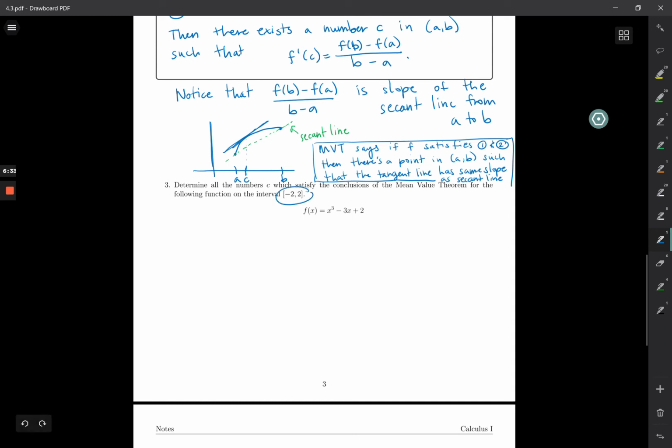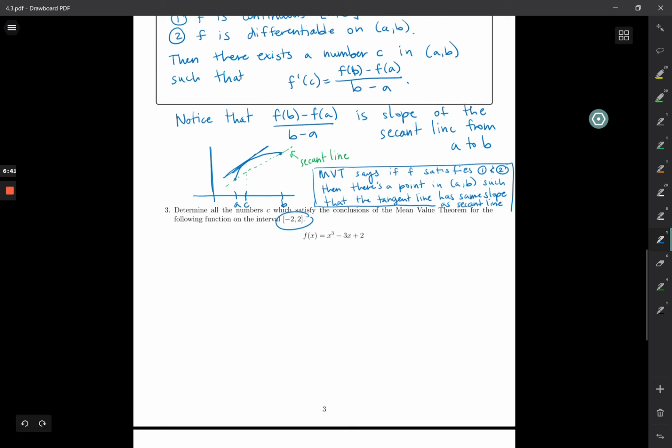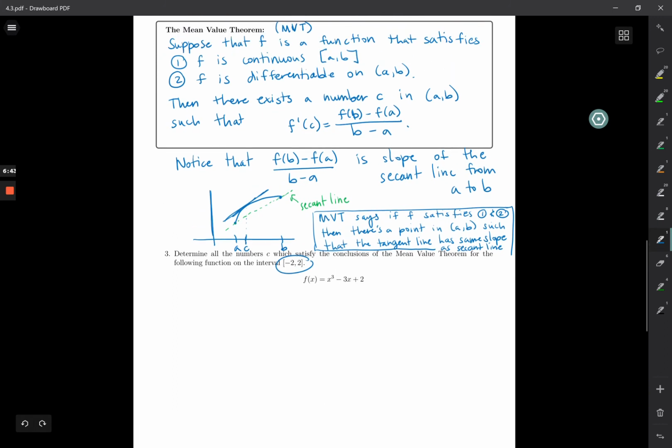Here we're given this interval, -2 to 2, and our function is this cubic function. So when we're starting out, the first thing that you want to do is actually compute, well, you could do these in either order, but we will want to take the derivative and then compute the slope of the secant line on this interval given.